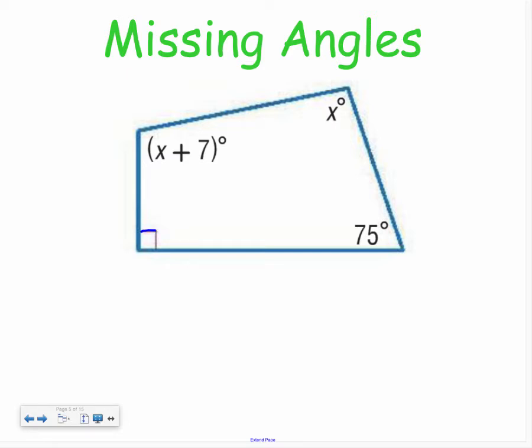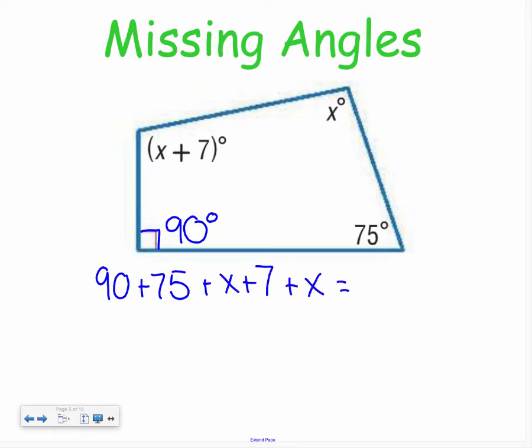And we recognize that this corner right here means the angle is 90 degrees. So I can take my four angles, 90 degrees plus 75 plus x plus 7 plus x, and that has to add up to 360 degrees.